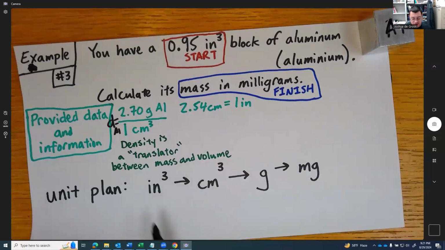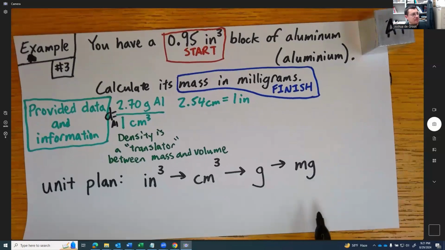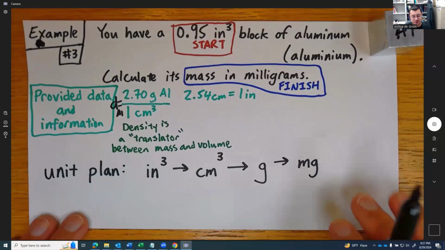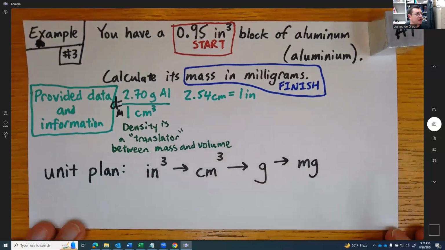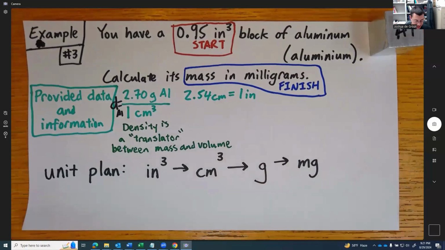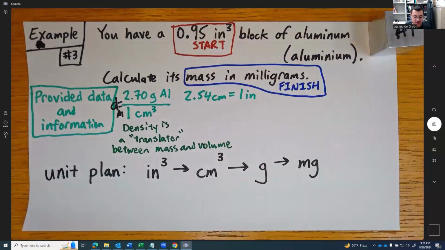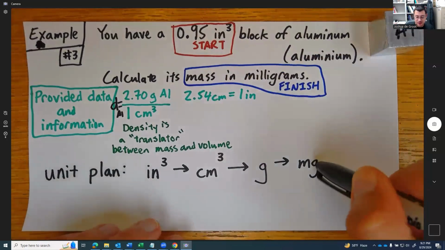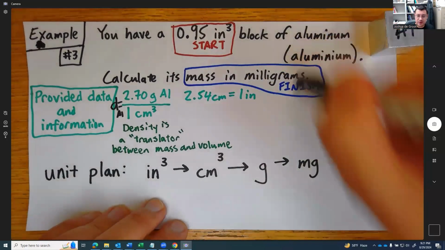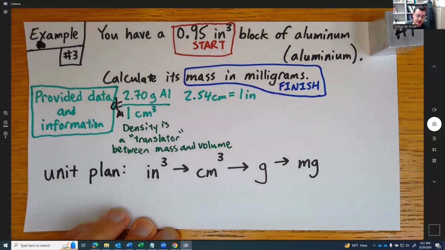So I got a unit plan written here. Maybe I shouldn't have shown that yet. Maybe I spoiled the fun for you, but this is my plan. The reason why I like this plan is, we have to start with cubic inches. That's what they gave us. We can't negotiate that. And we have to end with milligrams because that's what they asked of us. We can't negotiate that either.